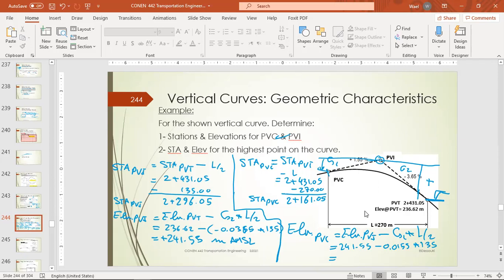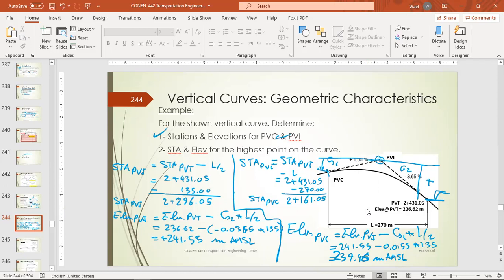So this is going to be 239.45, actually 6, because it's 75 meters above mean sea level. Any questions so far? So this way we answered this part.